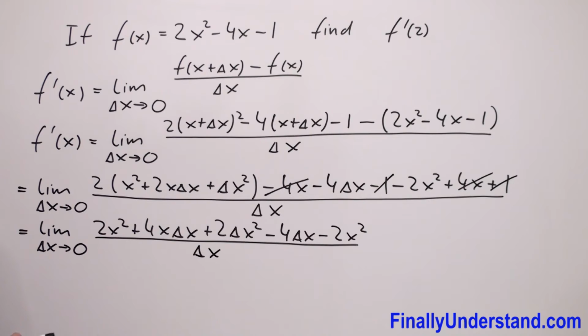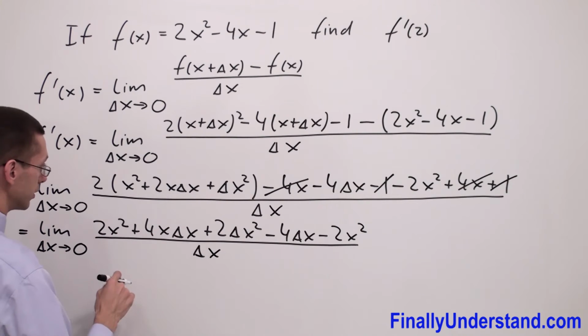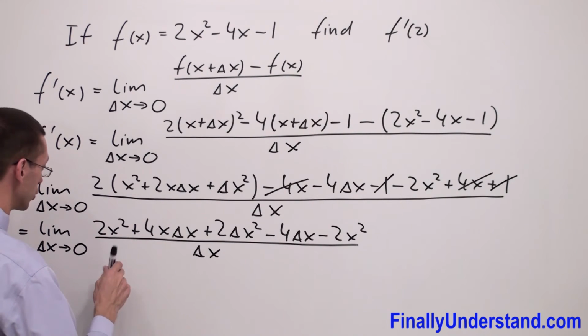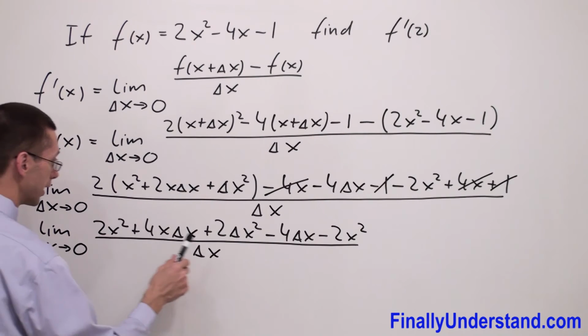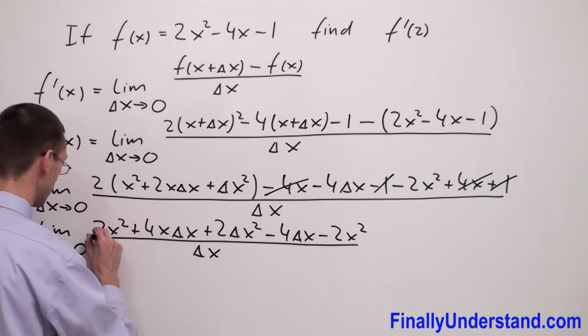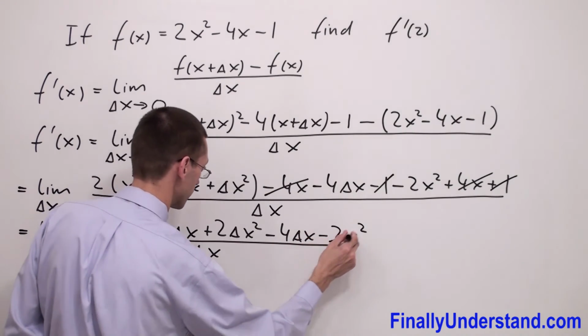Check what we can do in the numerator again. So we have 2x squared and I have negative 2x squared. They're going to subtract each other.